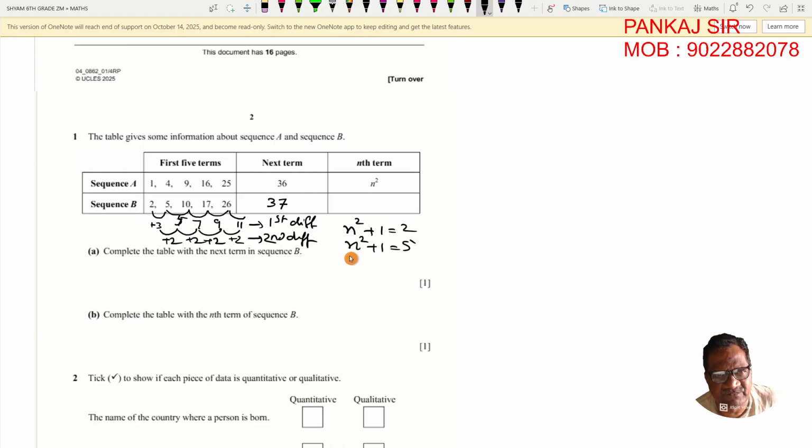So this pattern is working. n squared plus 1 gives 2 for n equal to 1, 5 for n equal to 2, and for n equal to 3, 3 squared plus 1 is 10. So you are getting 2, 5, 10. It's working. So the nth term will be n squared plus 1. That is the answer for B.